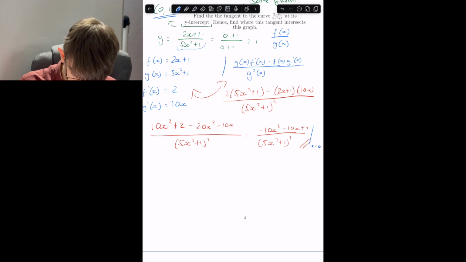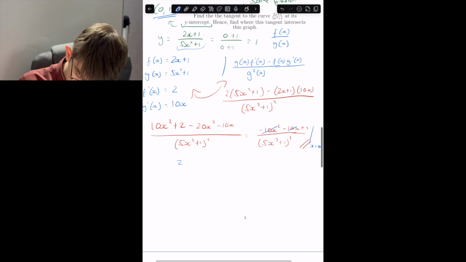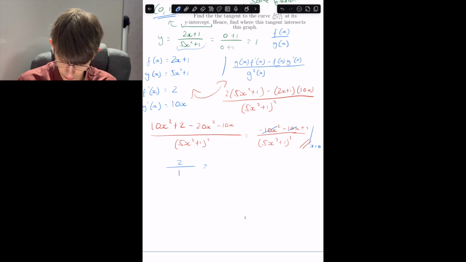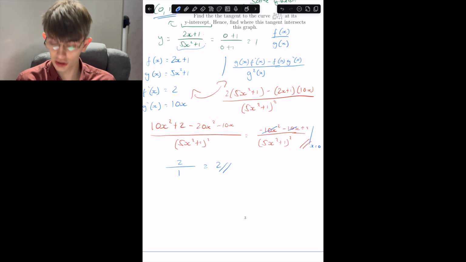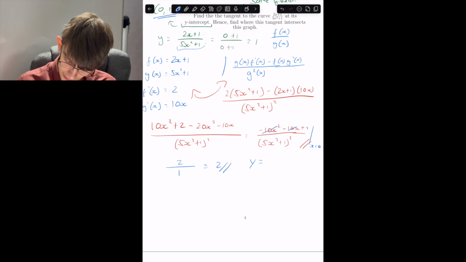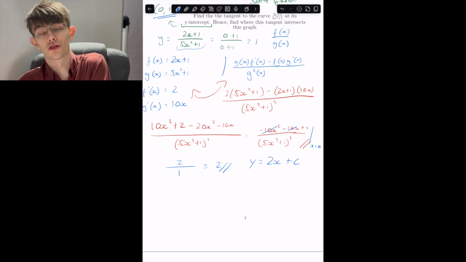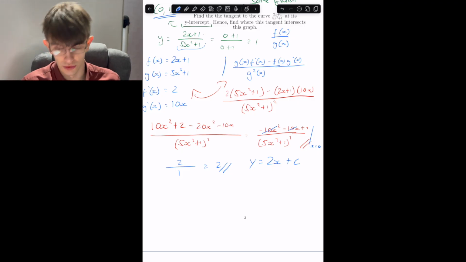I get 0 minus 0 plus 2 divided by (0 + 1) squared. 1 squared is 1. I get 2 divided by 1. My gradient is 2. Very nice. So I get y equals 2x plus c, because my tangent is going to be a straight line, so it's going to be y equals mx plus c.